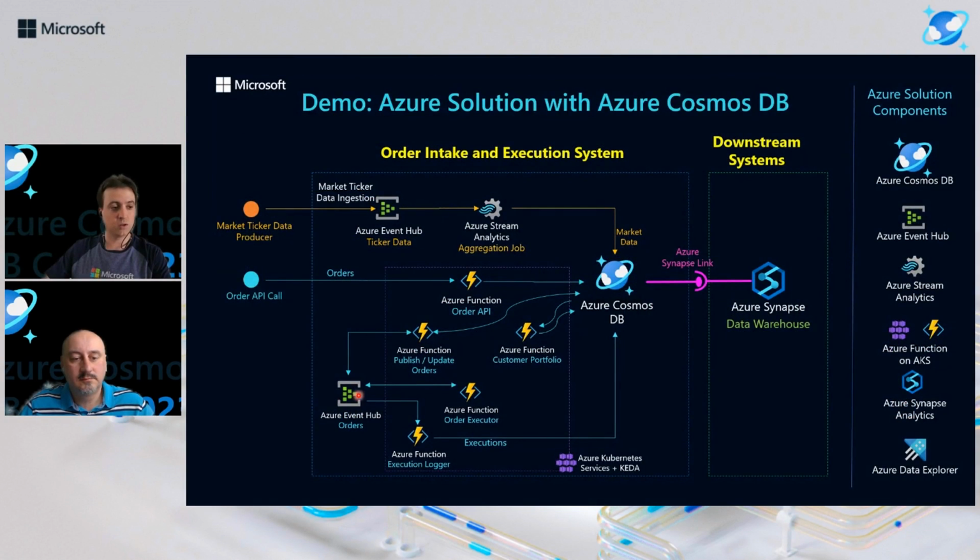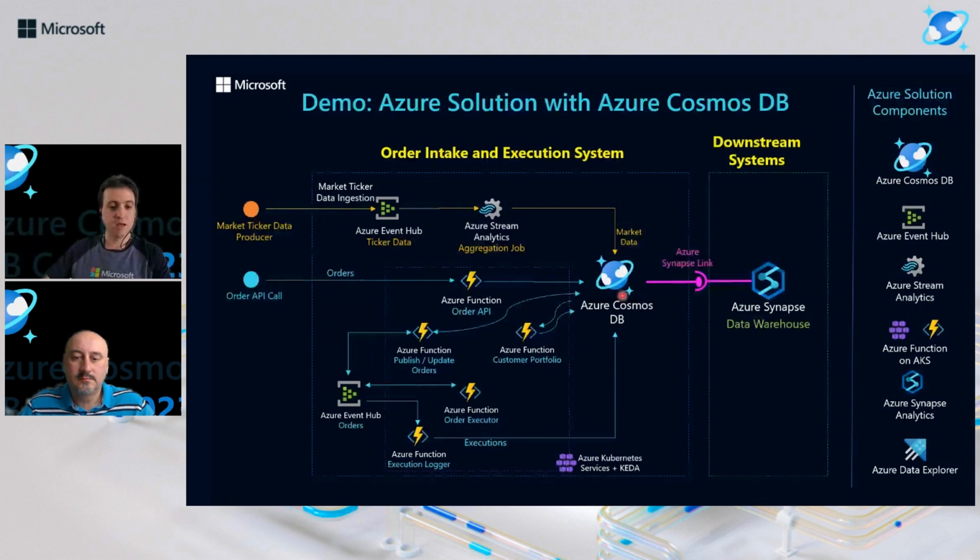And once the order has been fully executed, the results will be published back to Azure Event Hub to update orders and executions in Cosmos.